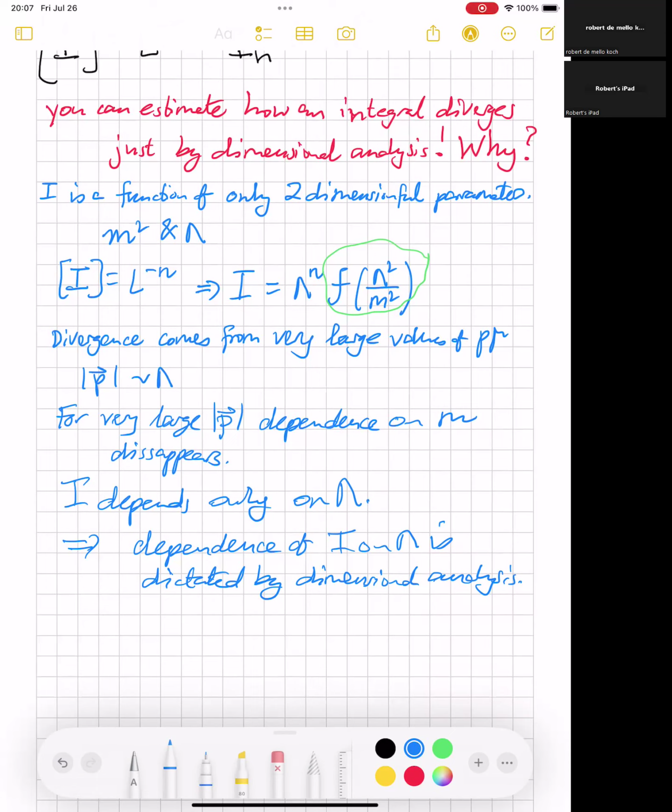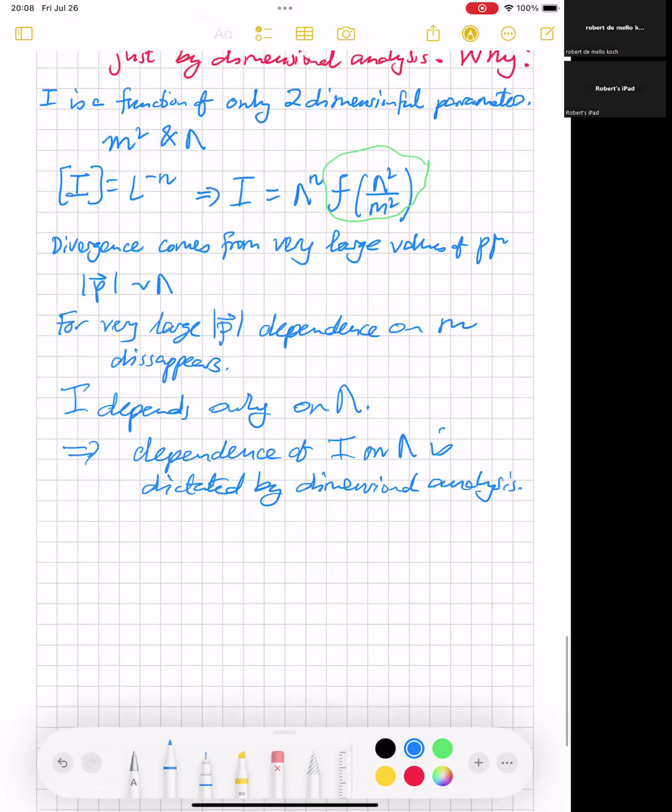So we're not interested in the exact value of the integral. We're only interested in how it diverges. And if that's the information that you're interested in, you only look at the very large momentum contribution to the integral. And in that very large momentum contribution, you can forget about the m squared dependence. And in that case, the dependence of the integral on the cutoff is dictated purely by dimensional analysis.